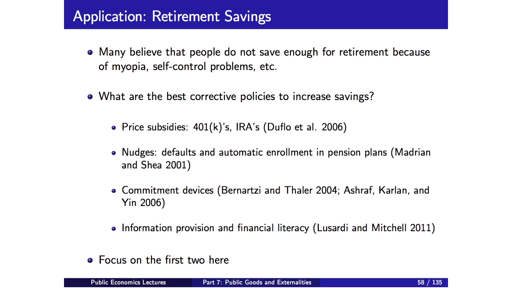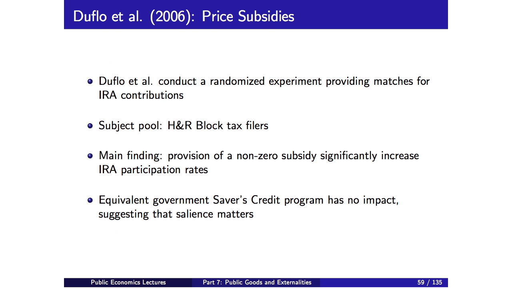So I'm going to focus on the first two things here because they're most connected to the externalities lecture. But let me just say quickly, I think this seems to work to some extent. Information provision also, we find some evidence that it works. But all of this stuff is just swamped in magnitude by the defaults and automatic enrollment. It's not even close. Okay, so I think by far the defaults and automatic enrollment, which I'm going to show you in a second, is from a policy point of view a very, very powerful tool.